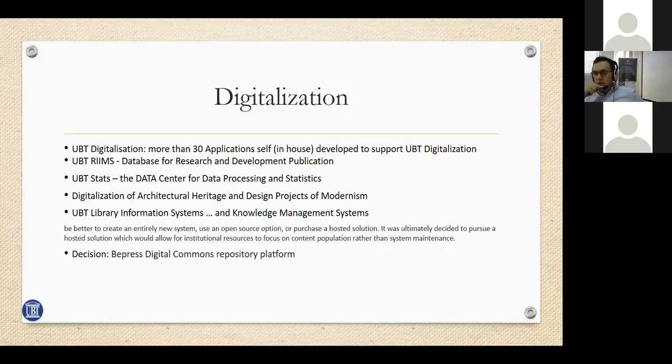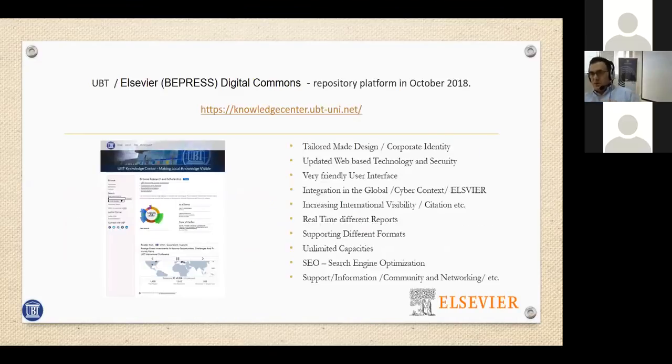Based on the evaluation and on some criteria, pros and cons, we decided that for this case we should have BPress Digital Commons, because we consider that there are a lot of attributes that can fulfill all requirements, not gaps, in this case.